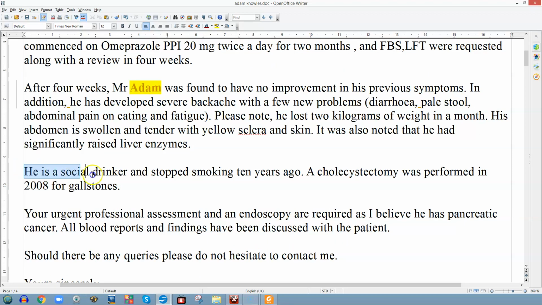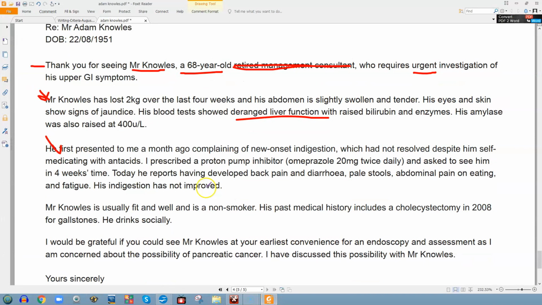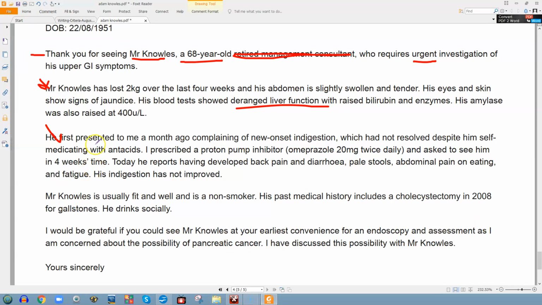If there's a history, anything that fills in the story, you can put that at the bottom. Professional assessment. Well, obviously it's going to be, you're not an amateur. Assessment required, and so on. Okay, so that's not bad. Let me have a look. So that's basically the structure.